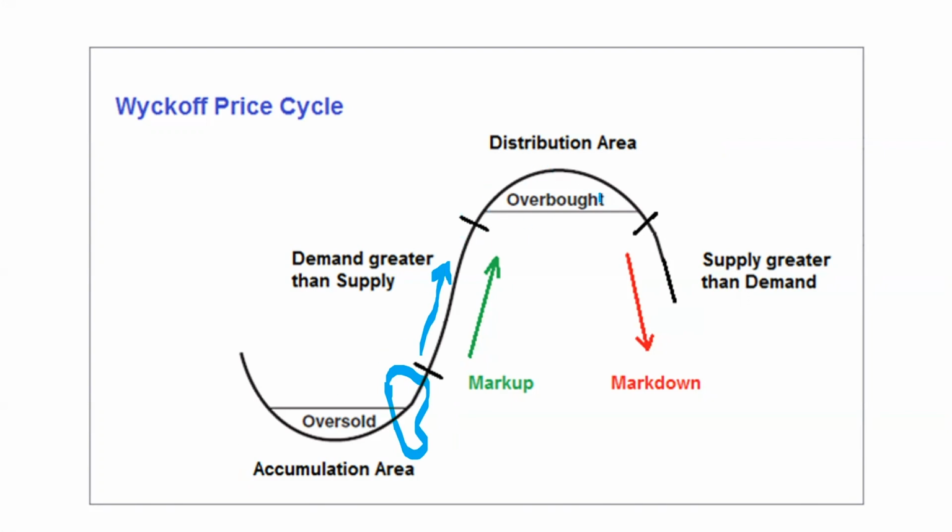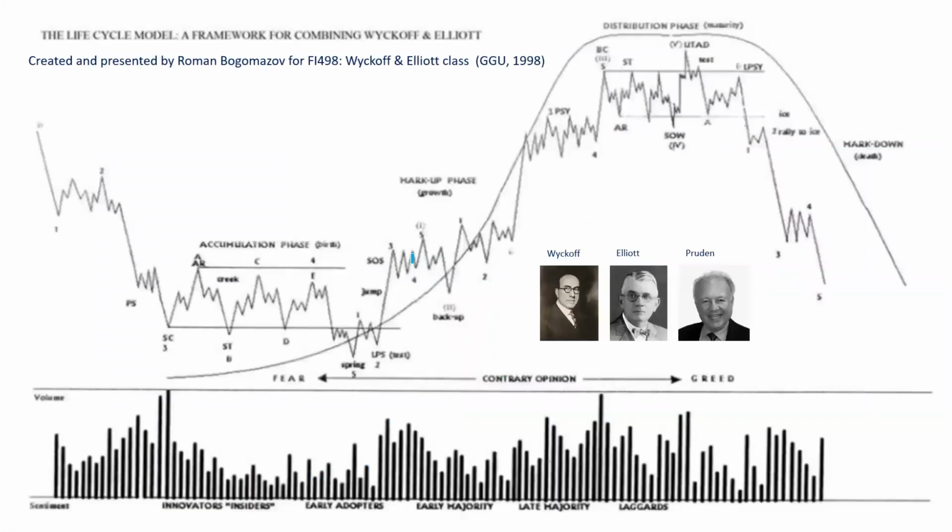When the distribution period finally comes, an overbought condition, that is the time when we, along with the composite operator types, are going to be selling our positions ideally. But there are also times when it appears that we're going into a distribution area that in fact is just a long-term pause for a reaccumulation before another uptrend begins.